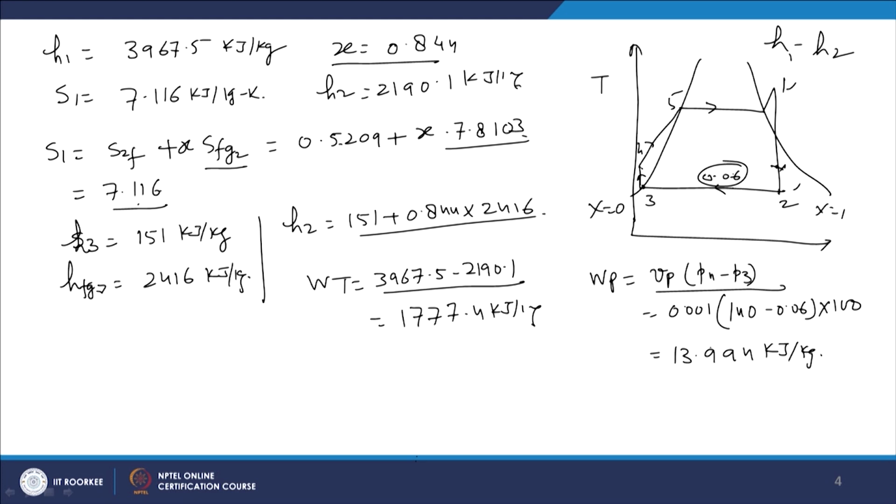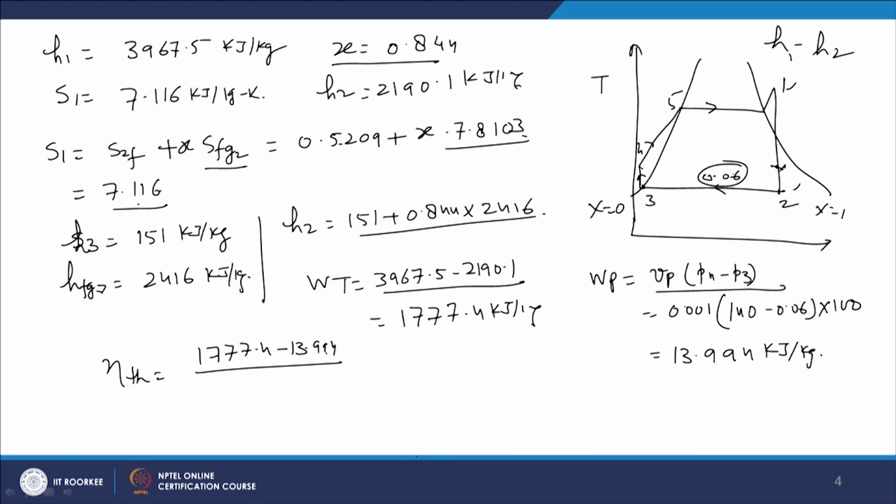So, net output is the difference of these two, and then we have to find the thermal efficiency of the plant. So, thermal efficiency of the plant is net output, that is 1777.4 minus 13.994, divided by net heat supplied in the cycle.